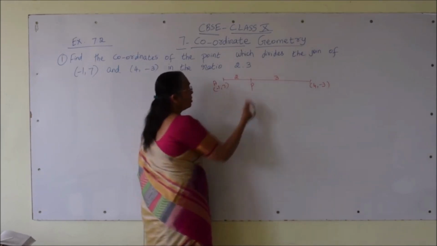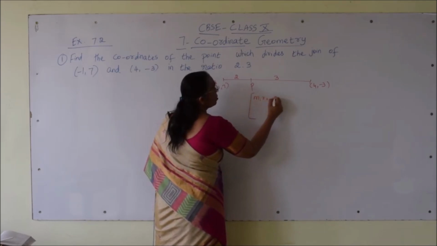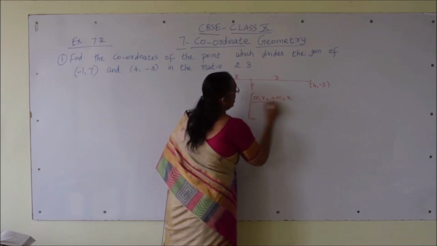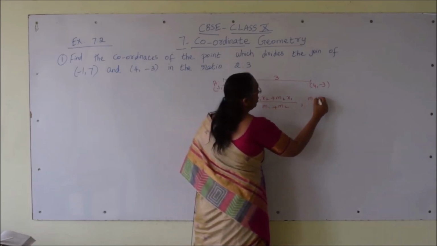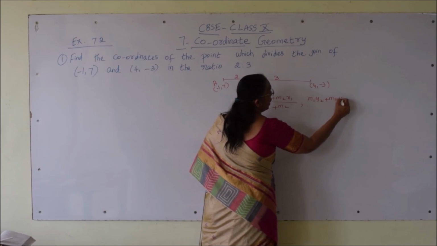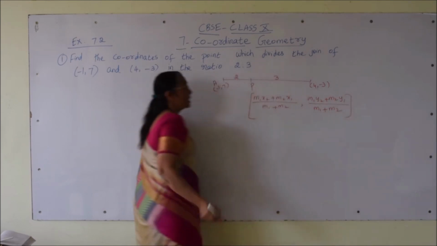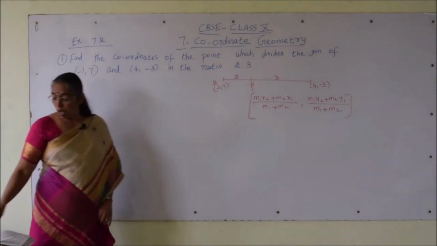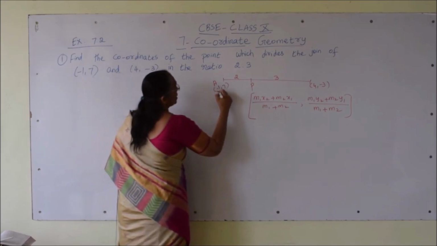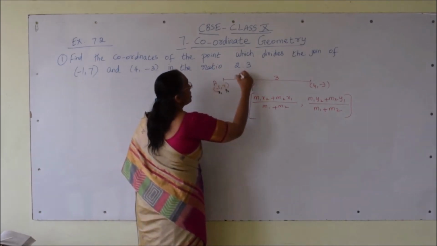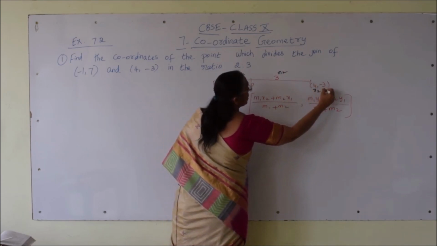So, the formula we just derived, the point is nothing but ((m1 x2 plus m2 x1) by (m1 plus m2), (m1 y2 plus m2 y1) by (m1 plus m2)). Now, let us check what the values of m1, m2, x1, y1 and so on are. So, this is x1, y1, this is m1, this one will be m2, this is x2, y2.